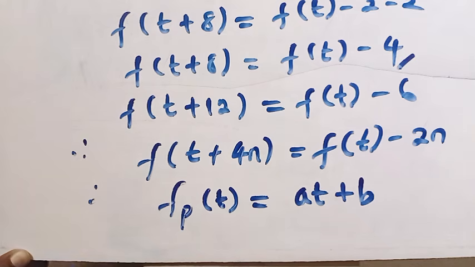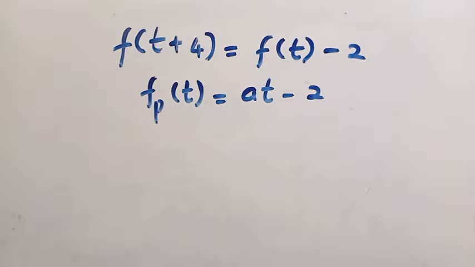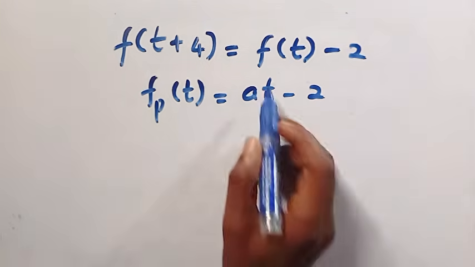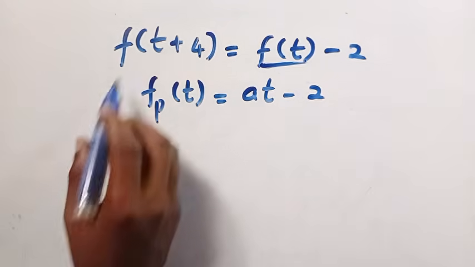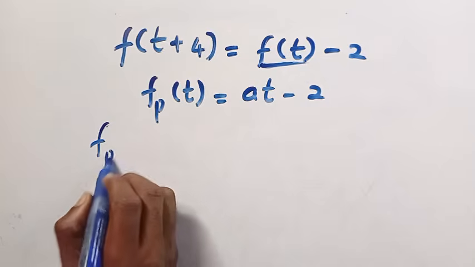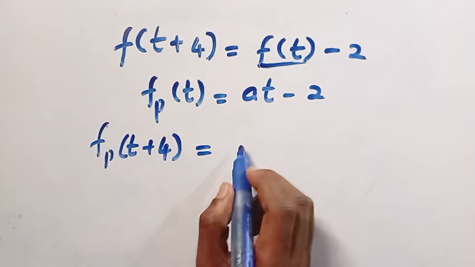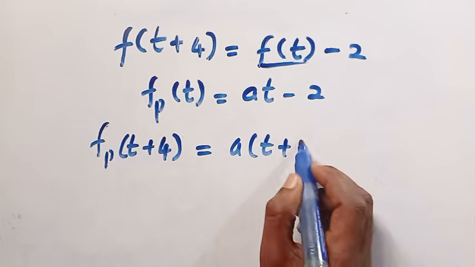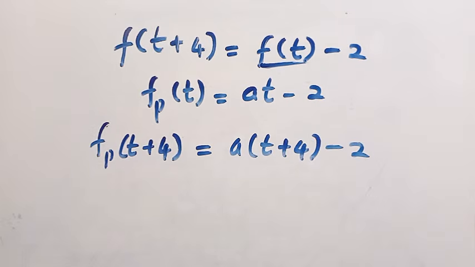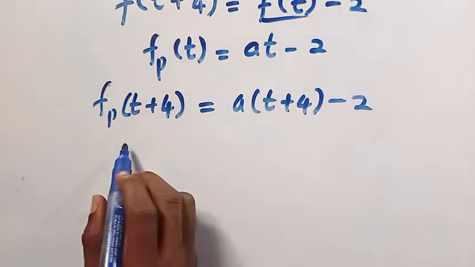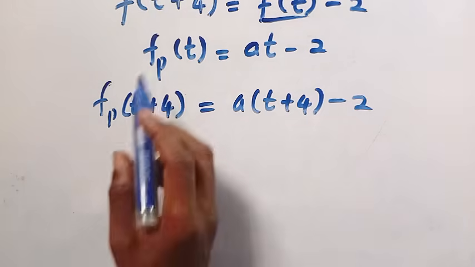So we take this back into where we started iterating. Here are the two things that we have. This is considered as f of t. Let's find f of t plus 4. We have fp of t plus 4, being a particular function, equals a bracket t plus 4, then plus b. Again, we have to substitute back into what we have above.